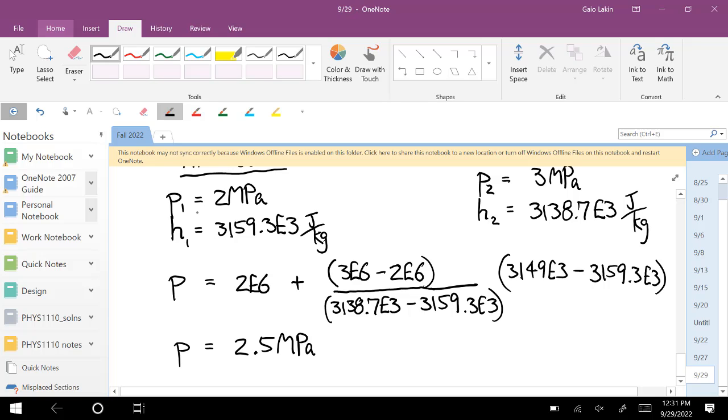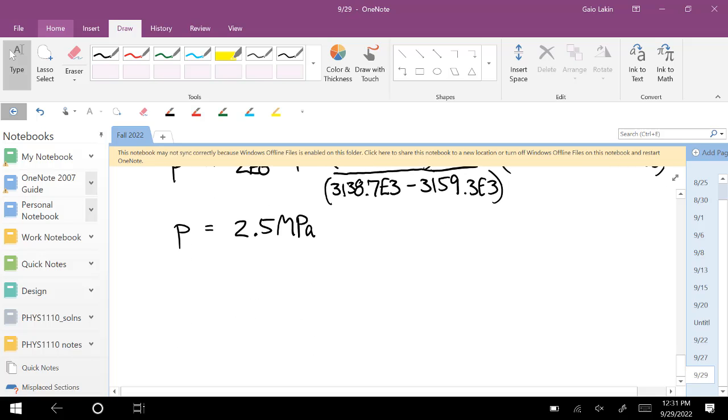This is a case where as the pressure goes up, the enthalpy goes down, and so this fraction has to be negative. If I had gone 3 times 10 to the 6 minus 2 times 10 to the 6 divided by 3159 minus 3138, I would have made this positive and it would have messed up my answer. Okay. Any questions about that one?